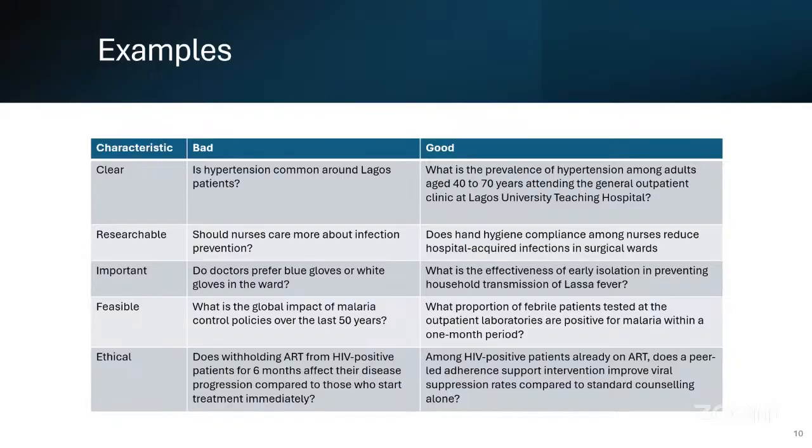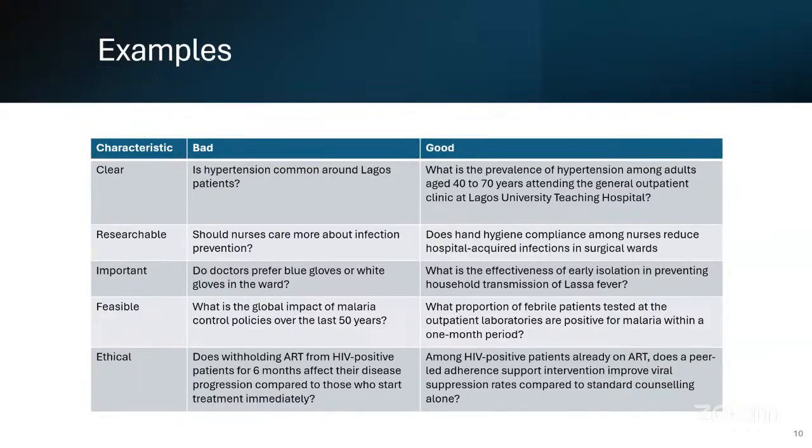Lagos patients is not specific enough. Okay. So then again, is it adult patients? Is it children? It opens itself to so many interpretations and misinterpretations, which is what we don't want. So to rid it of all of those unwanted misinterpretations, we make it as clear as possible.